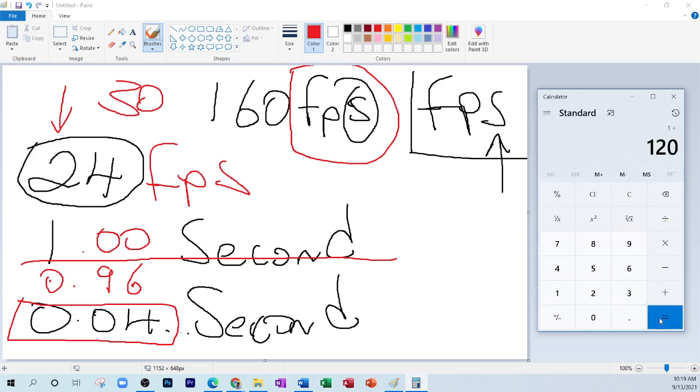If it's 120, then whatever number you get, that's how long the image is going to last. So in this case, 120 frames per second, the image is going to last for 8 milliseconds, or 0.08 of a second.